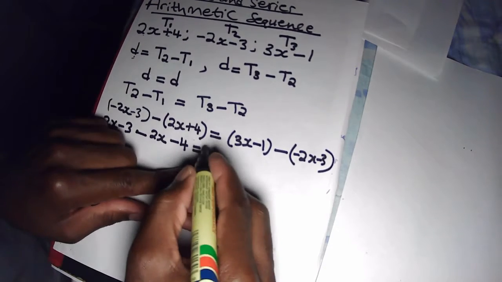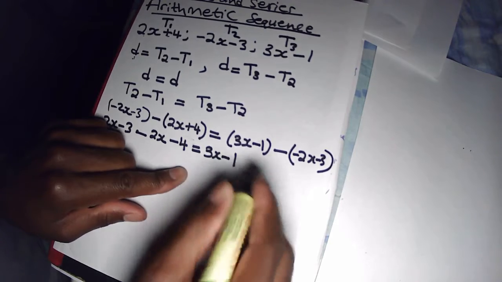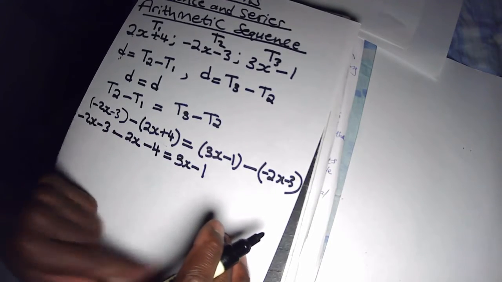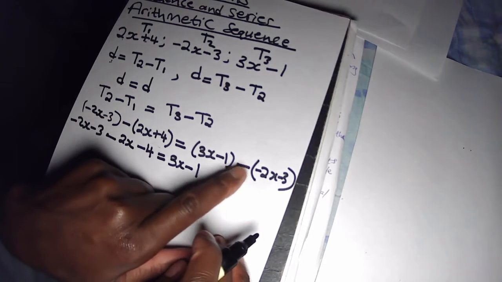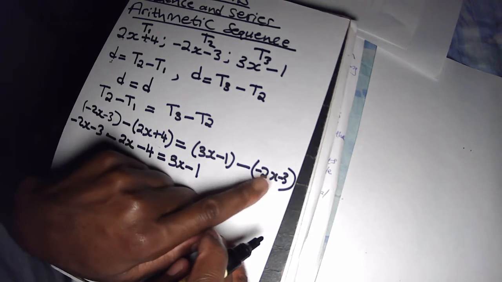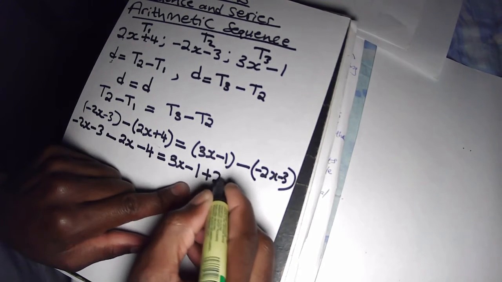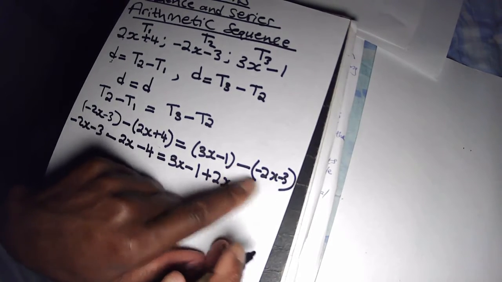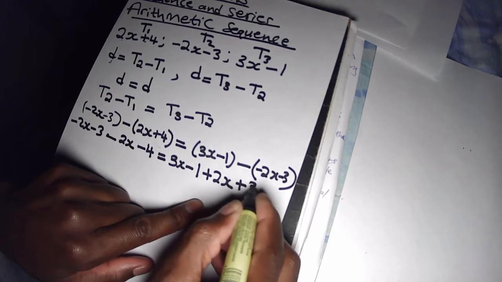Now let us drop the parenthesis here. We needed that to minimize making mistakes. Now let us distribute the negative outside the bracket inside this bracket. Negative negative 2x, we get a positive 2x. Negative negative 3, we get a positive 3.